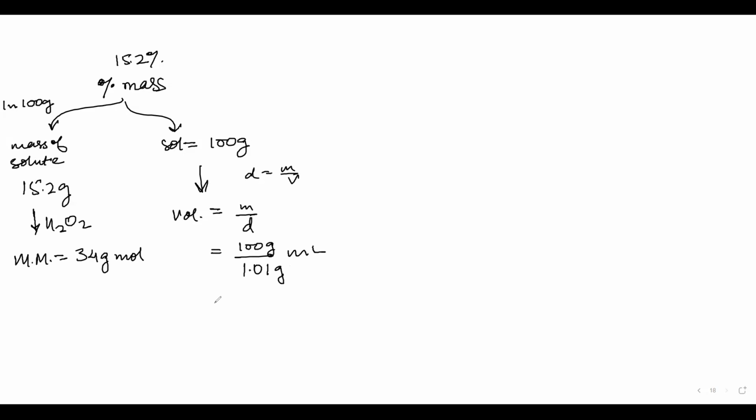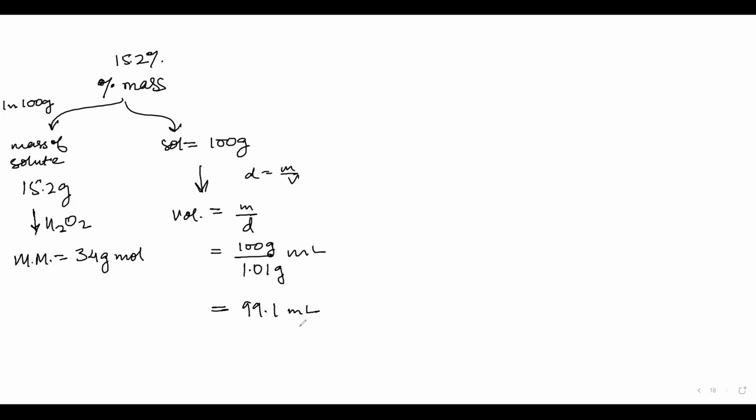So what will be the volume? 100 divided by 1.01 is 99.0999, so I can write 99.1 ml. Correct?